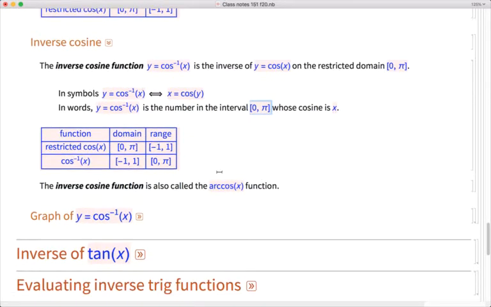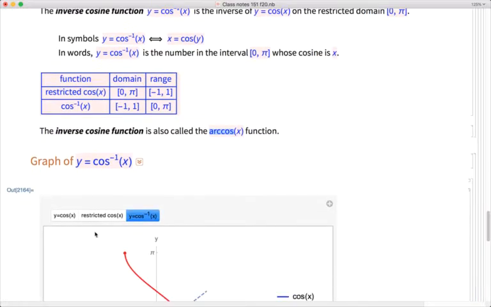Okay, so again, we see the switch around here. When we're looking at the cosine function on its restricted domain, it's from 0 to pi. Those are the inputs. Consequently, those are going to be the outputs, the range of the inverse cosine, also called the arc cosine.